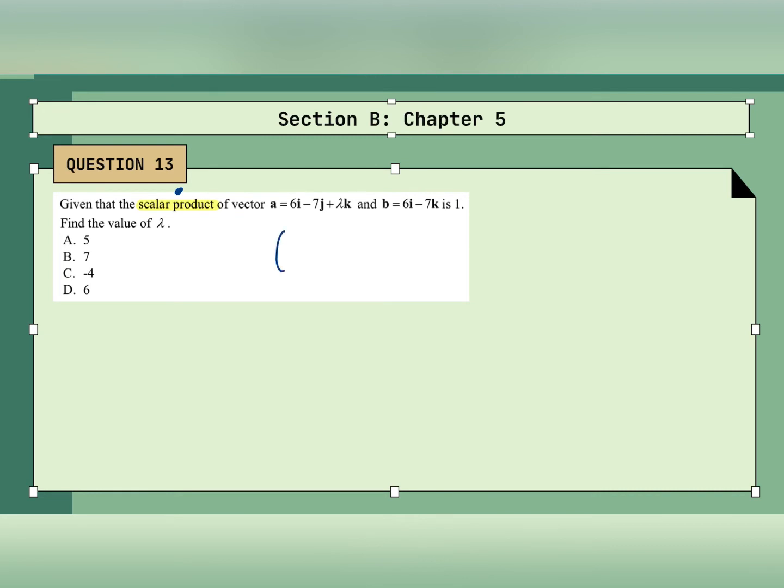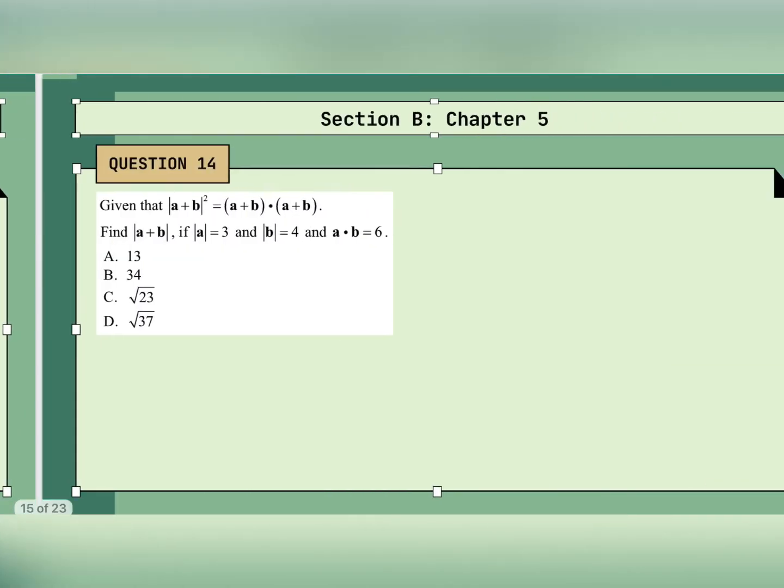So dot product, so 6 negatif 7 lambda, kamu dotkan dengan 6 kosong negatif 7 sama dengan 1. 6 darab 6 36. Negatif 7 darab kosong kosong, tolak dengan 7 lambda sama dengan 1. Negatif 7 lambda equals to negatif 35. 1 tolak 36. So lambda equals to 5. Dapatlah jawapan kita A.